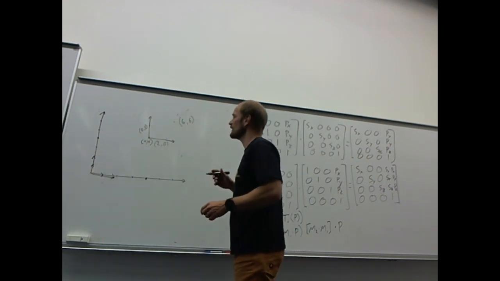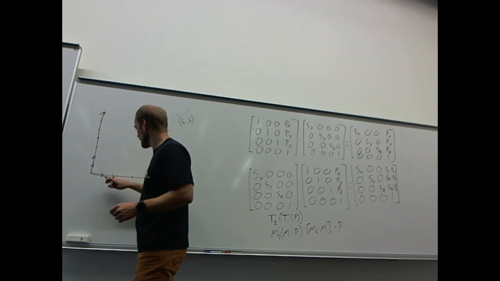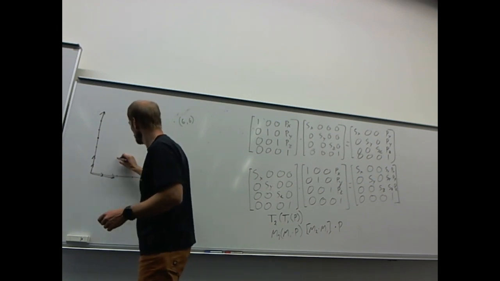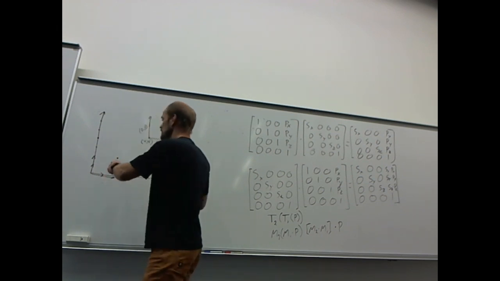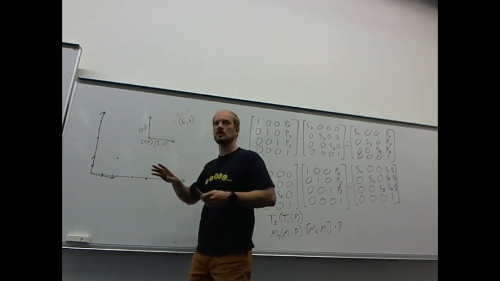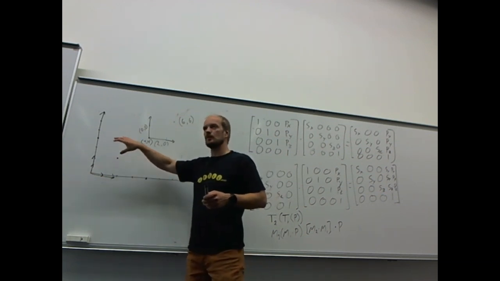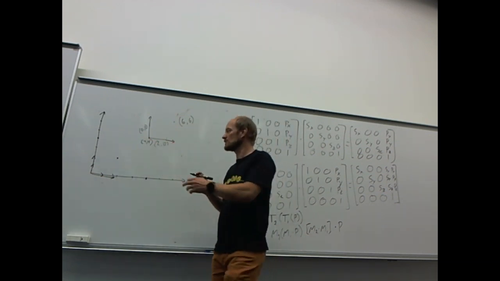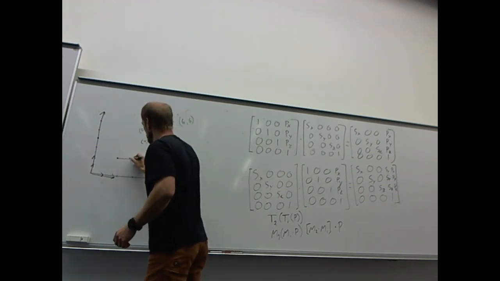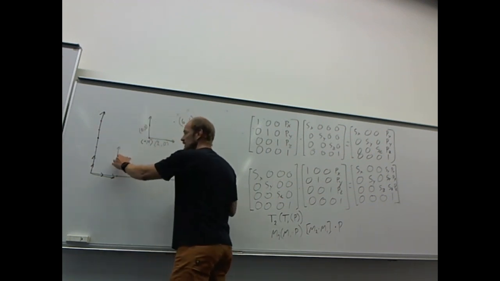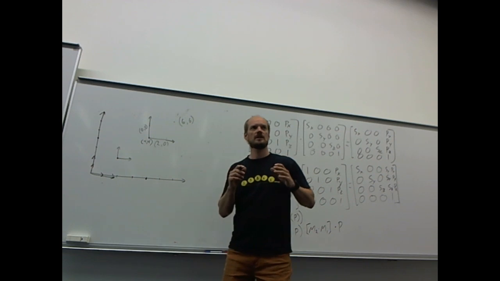Let's do the same things in a different order. I'm first going to translate to 2, 2. Then I'm going to scale this coordinate system. And scaling a coordinate frame in computer graphics means I scale it from its own point of origin.